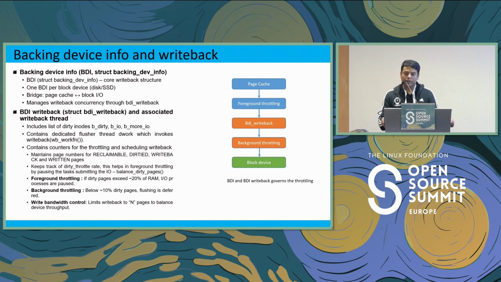The third type of control is write bandwidth control. The code measures the write bandwidth for a particular device, and it selects only a limited number of pages to be flushed to the device. So all this throttling and the counters are maintained in the BDI writeback structure.